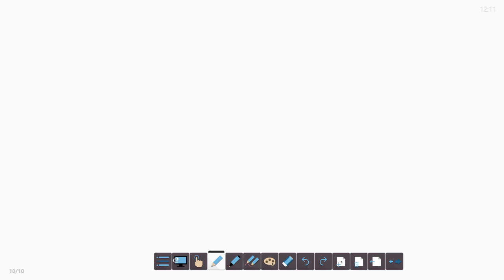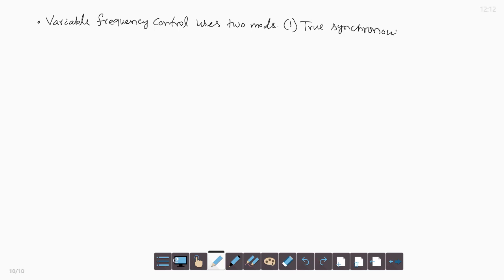So, variable frequency control uses two modes. One is true synchronous mode, and the second one is the self synchronous mode, or self controlled mode.